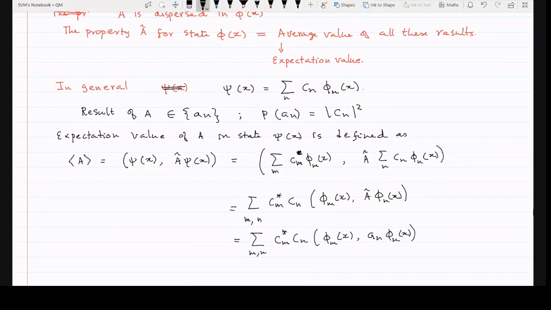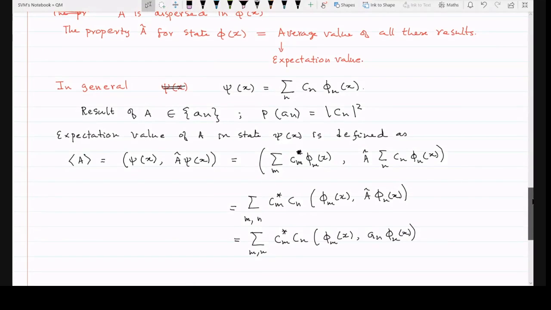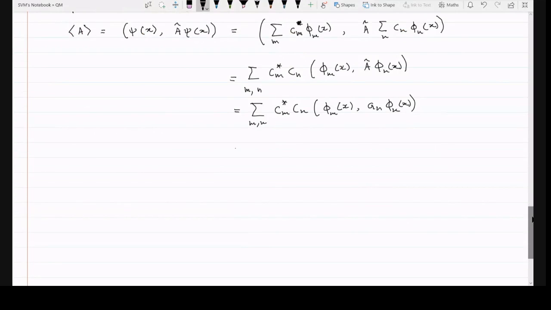Okay, so that essentially means that we can pull out an, as we discussed last class, since it is linear. So Cm star Cn into an into the inner product of phi m of x and phi n of x. Now, what is this?